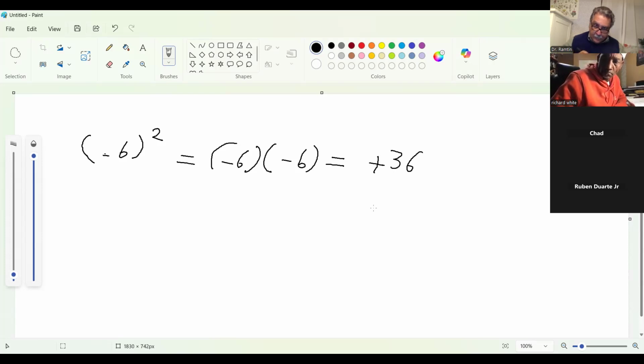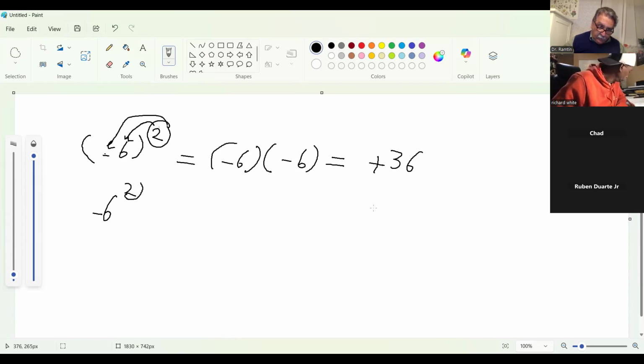But look at number B. Number B asks what's the answer if I have minus 6 to the power of 2. There is no parentheses. You see, in the first one, this 2 applies to both the 6 and the sign.